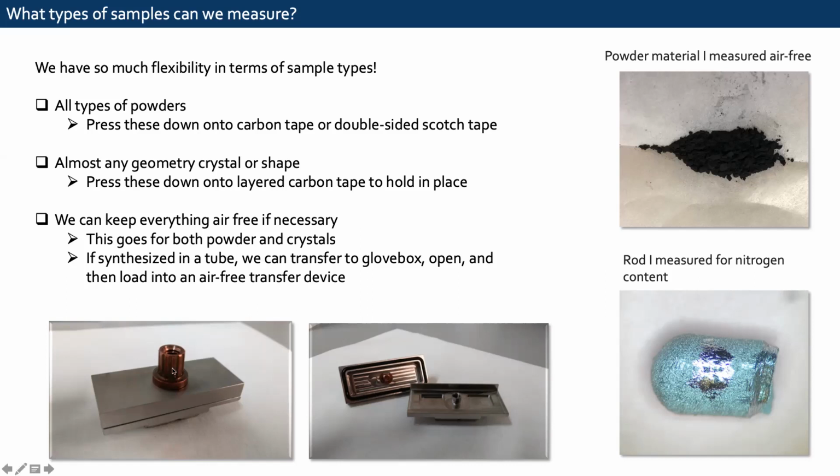And there's also this really neat air-free holder that Tom Mates, the person that runs the XPS, designed, which can keep everything air-free if necessary. That's useful in my field, which is batteries, because you can make some sort of ex situ sample, open it in the glove box, put your powder onto this air-free stage, and then take it into the XPS so that you never expose the ex situ sample to air, which could potentially change its chemical properties.